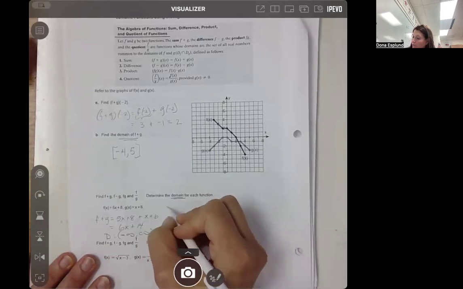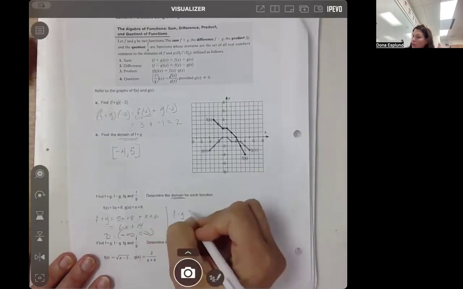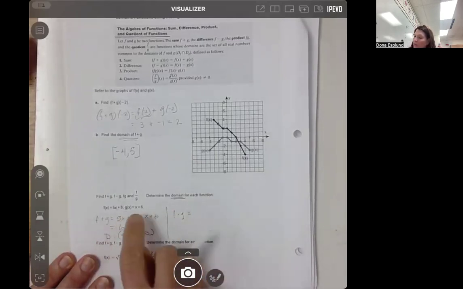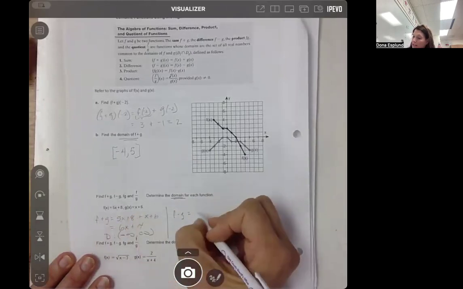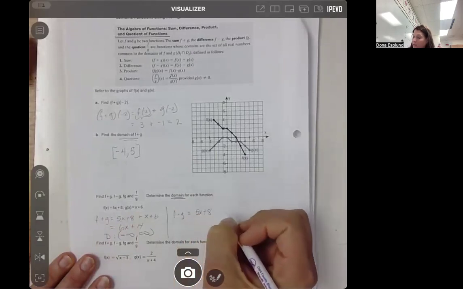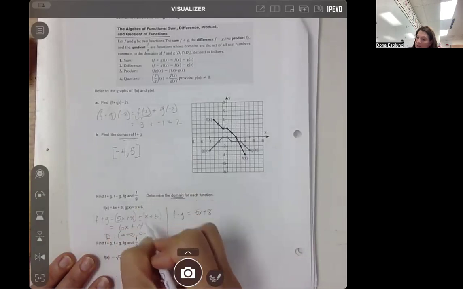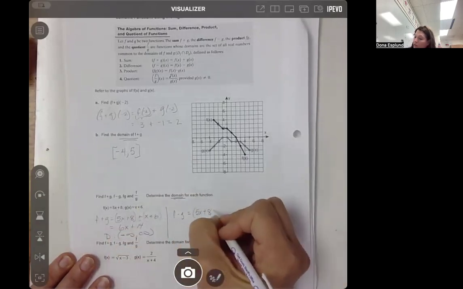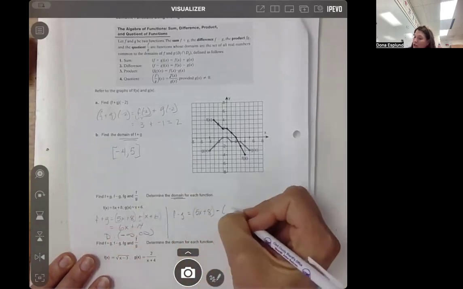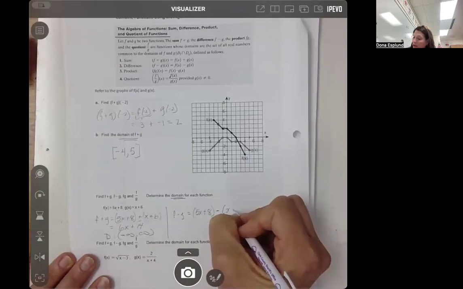Okay, if I go f minus g, the one thing you want to remember is, if I'm going to subtract the whole thing, f of x is 5x plus 8, and I didn't put this in parentheses because it was plus and I didn't need it. But when I do this for negative, I need to make sure that I distribute my minus, because I have x plus 6.